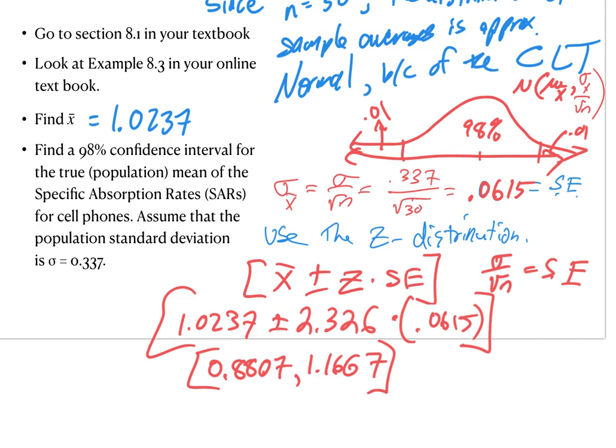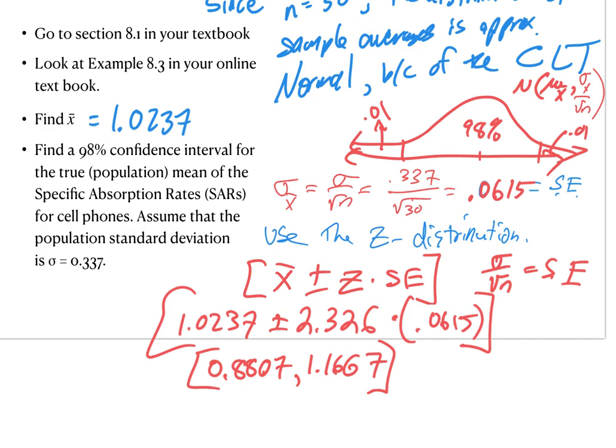And at this point, you might think, wow, I'm done. Except that every time, let me emphasize this, every time a problem asks you or I ask you to construct a confidence interval, even though I might not say it, and I probably won't say it, you must include an interpretation of what that means in context.